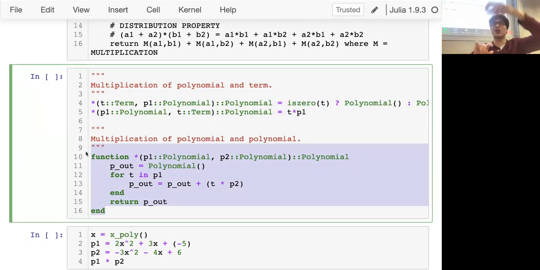Then you'd move to the second term and do it again, the third term and do it again, and then you'd sum up all of those things. So that's all this is doing. I'm saying for every term in polynomial 1, my answer is equal to answer plus t times the second polynomial. This is just distributing every term of P1 over P2 and summing that, right?